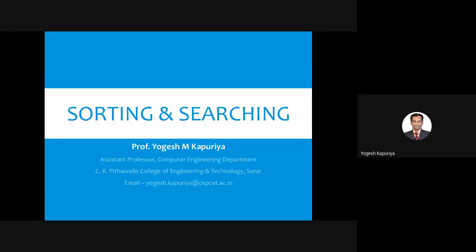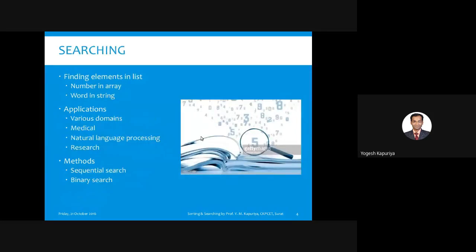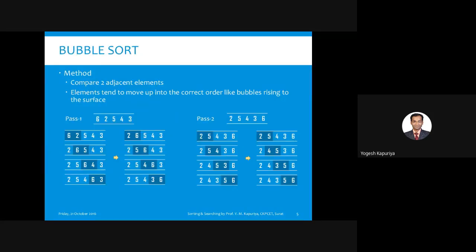So we have been discussing sorting techniques and specifically the bubble sort in the previous class. It is a technique which sorts the elements in such a way that the largest element will come at its appropriate position in the first iteration.